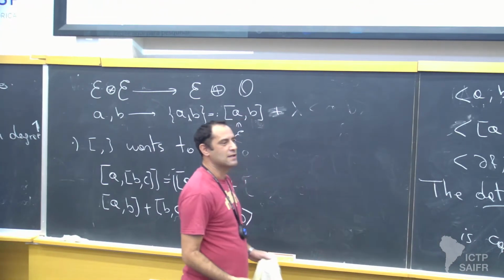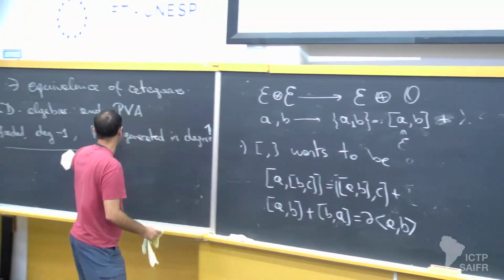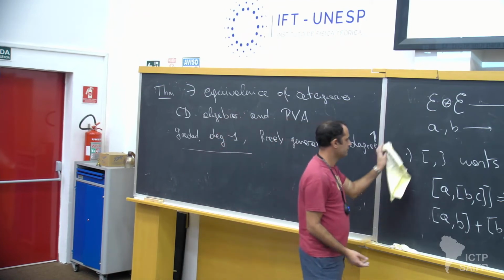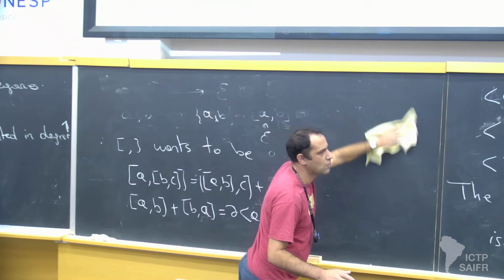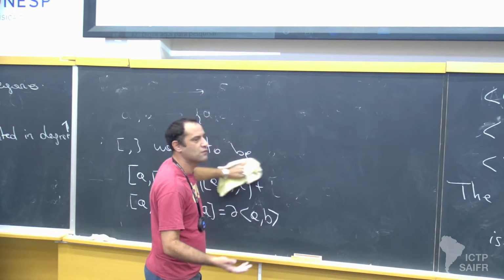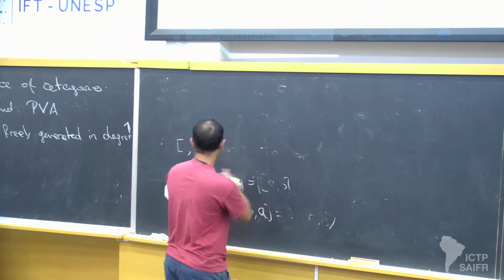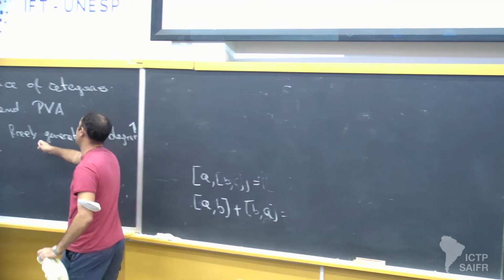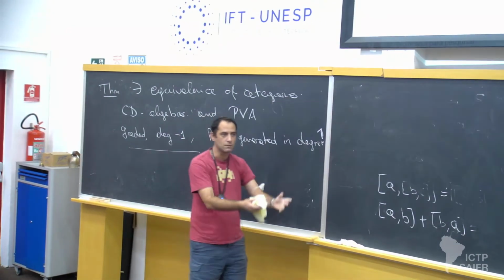So I have these two adjoint functors if I don't add the adjectives, like freely generated in degree 1. I have an adjunction: forget what happens in degree 1, and a free Poisson vertex algebra generated by a Courant-Dorfman algebra. Two ways of writing the same thing. The freely generated part is the tricky part. To prove that there exists an object freely generated by that datum is the hard part.